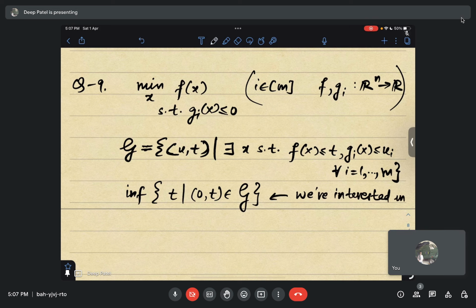These are a subset of the space G. We are only interested in all the points where this component is 0. This component we are going to find the minimum such value, because just look here at f(x) less than or equal to t. We want to minimize this. Yes, that is pretty evident.